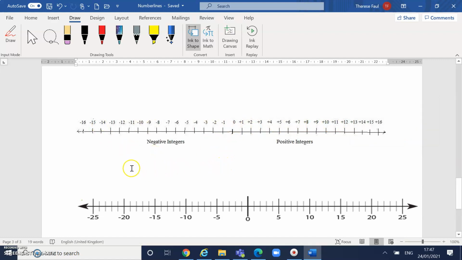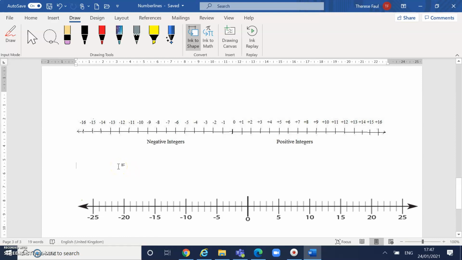If we remember from our notes, integers are positive and negative whole numbers. So they're not fractions, they're not decimals, they're whole numbers, but they do include the negative as well as the positive. Now going back to doing some simple sums using the number line to help us.